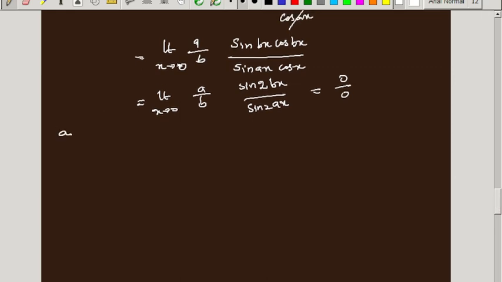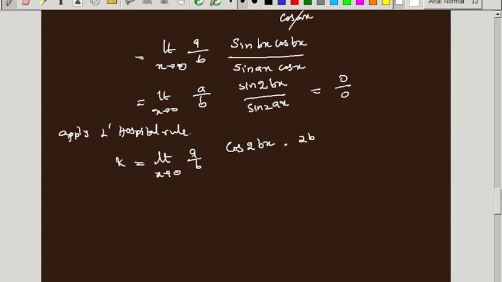So here apply L'Hospital's rule. So k equals limit x tends to 0, a by b is constant. Differentiation of sin 2bx is cos 2bx into differentiation of 2bx, which is 2b, dividing by differentiation of sin 2ax, which is cos 2ax into differentiation of 2ax, which is 2a.